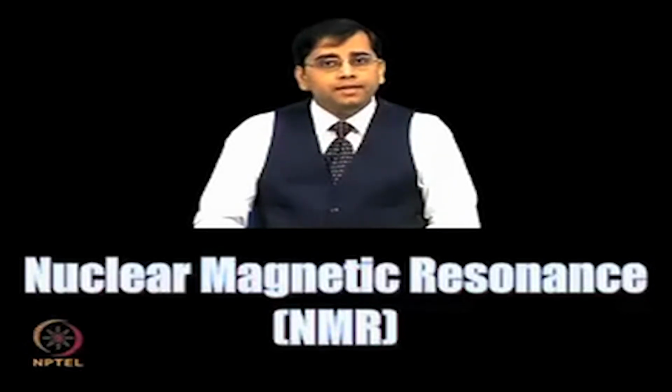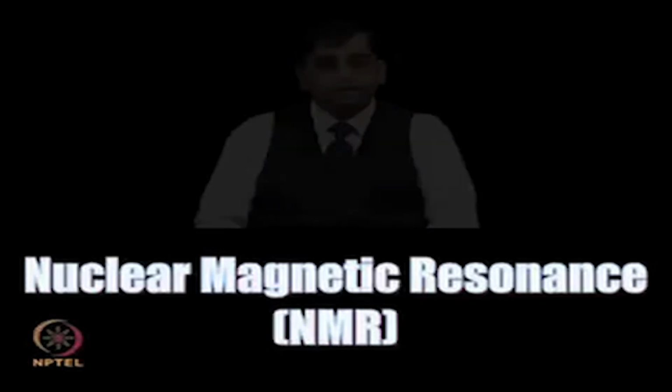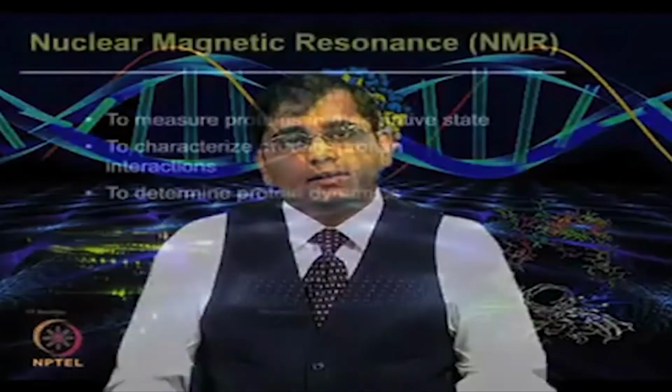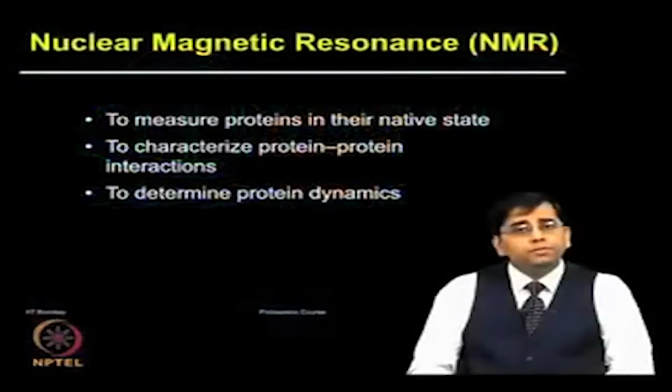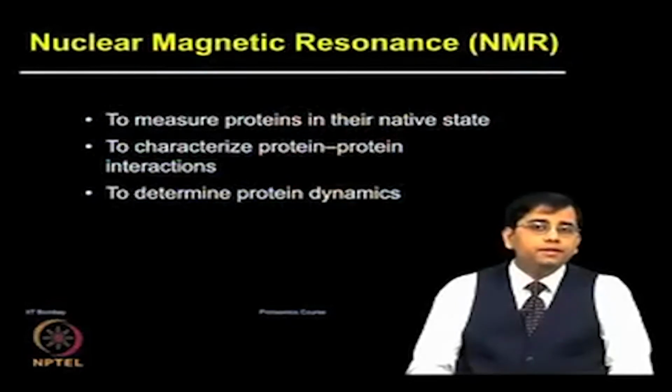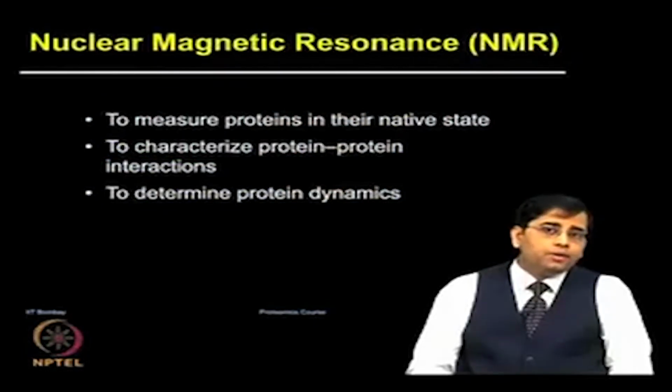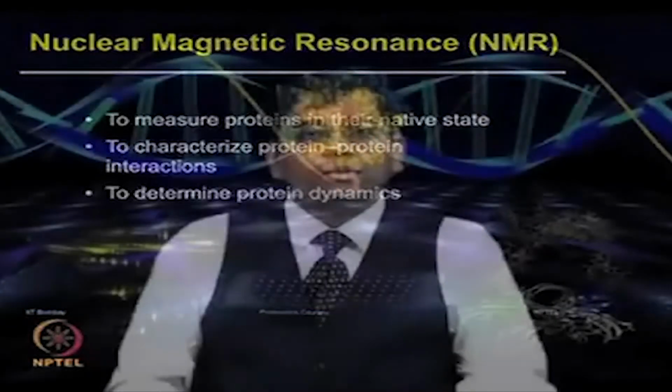In structural biology, nuclear magnetic resonance (NMR) spectroscopy is one of the techniques of choice for protein structural determination. This is a useful technique to measure proteins in their native state, characterize protein-protein and protein-DNA interactions, as well as determine protein dynamics.